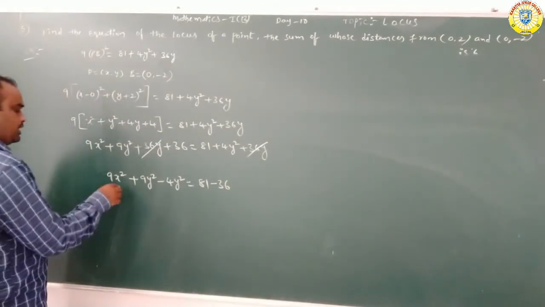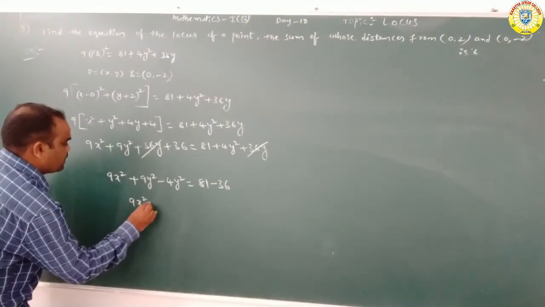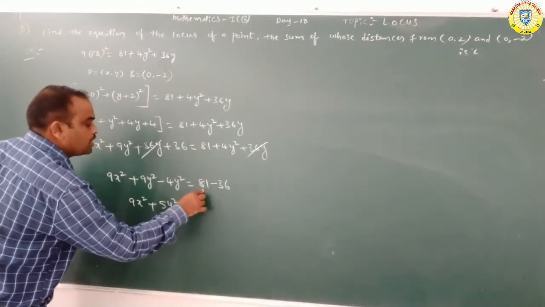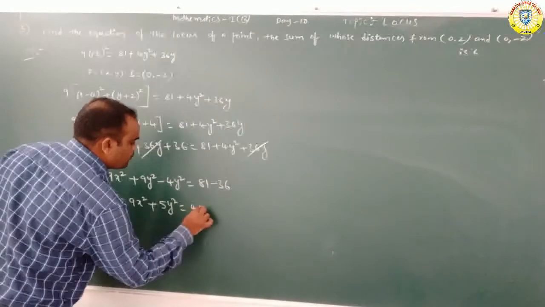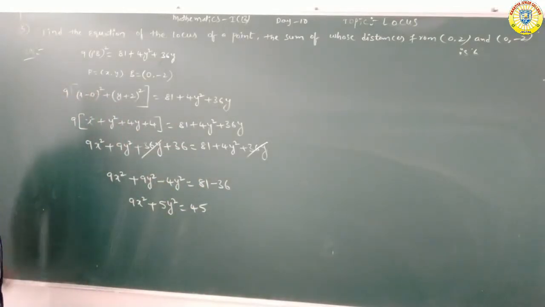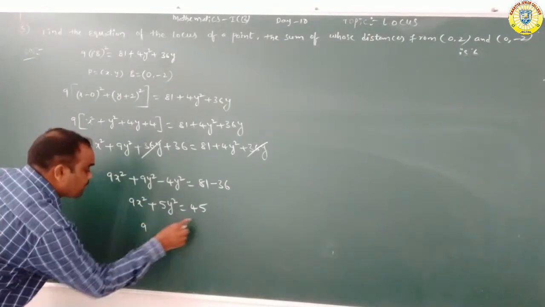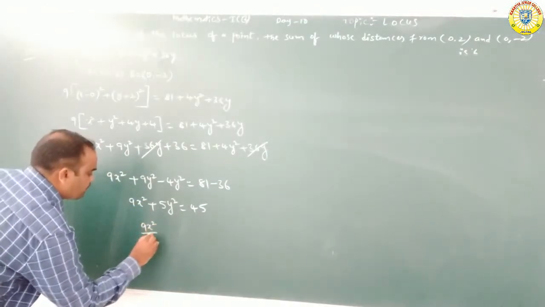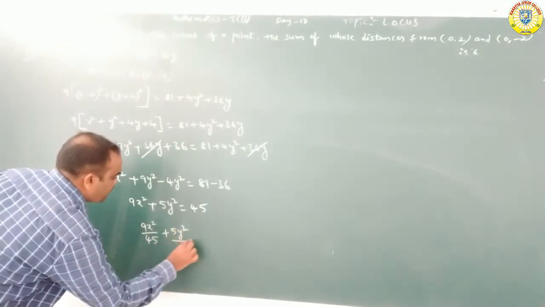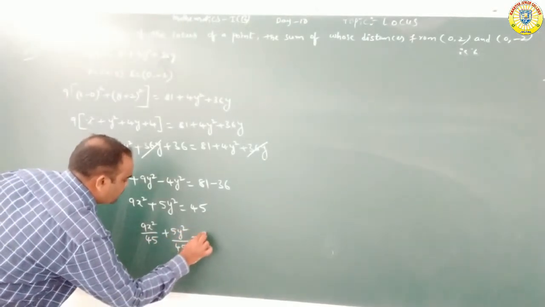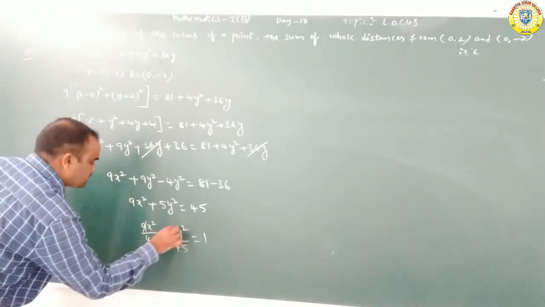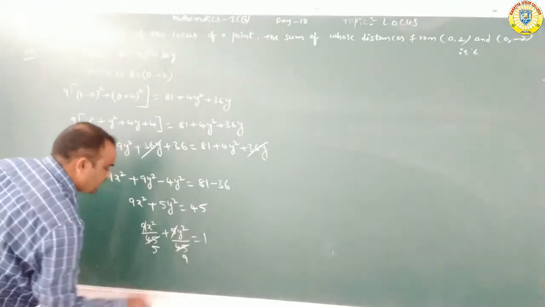Okay now, here 9x square + 9y square - 4y square is equal to 81 - 36, that is 5y square... so 9x square + 5y square is equal to 81 - 36, which is nothing but 45. So both sides are divided by 45: 9x square by 45 plus 5y square by 45 is equal to 1. 9 ones are 9, 5 5s are 5, one 5 is 5, 9 ones are 9.